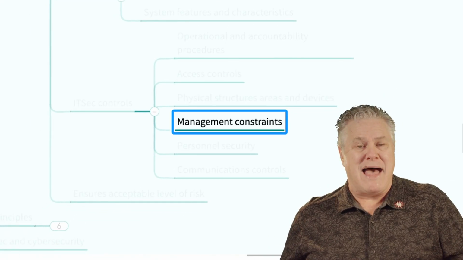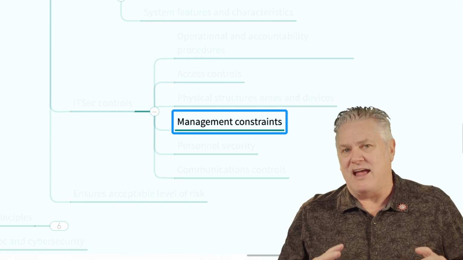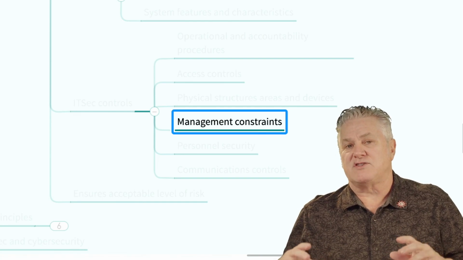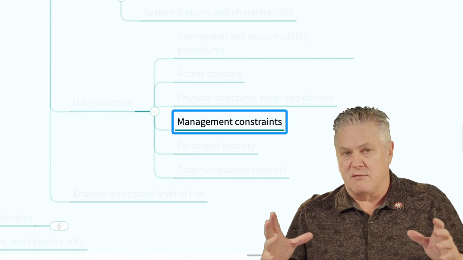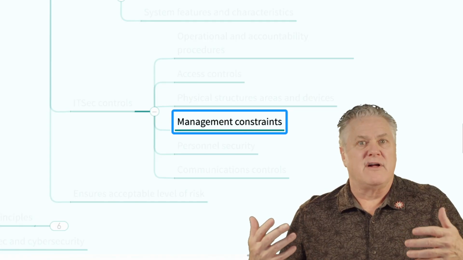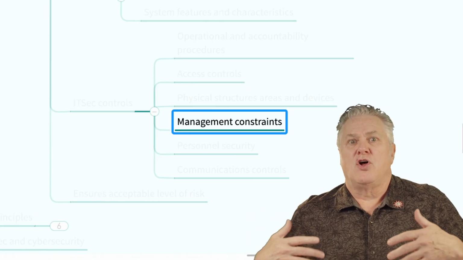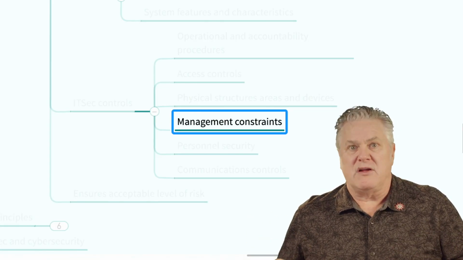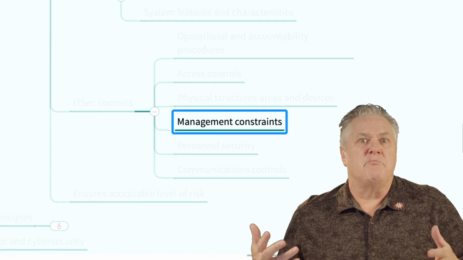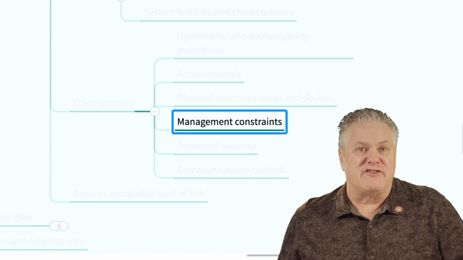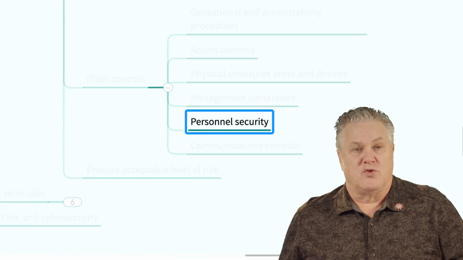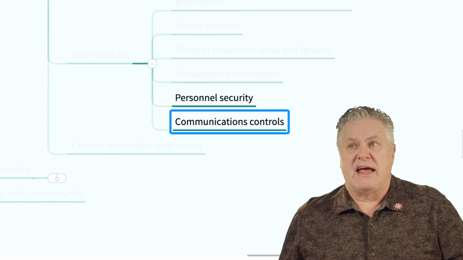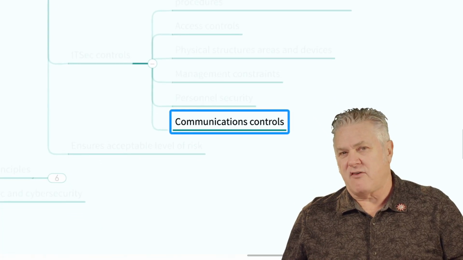They also talk about management constraints, what we can do and what we cannot do based upon management saying this is the way the mission is going to run because of things like litigation, laws, requirements. Maybe it's an auditing facility that comes in. We'll also talk about personnel security and communications controls very briefly.